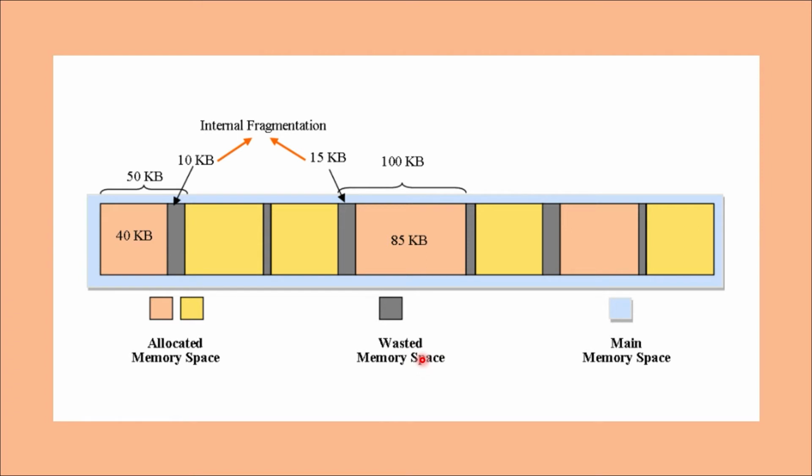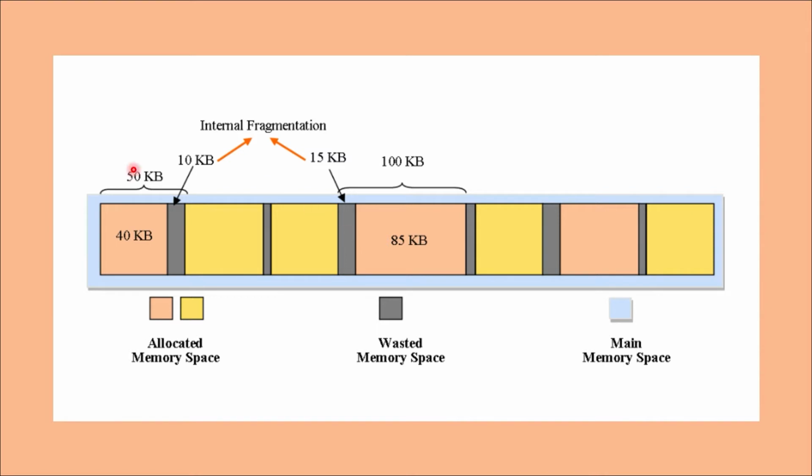Whenever you are allocating something into your memory space, it occupies some set of memory and sometimes some of it gets wasted. For example, here 50 KB is occupied, but in reality only 40 KB is used and 10 KB is wasted. In the same way, here 100 KB of memory is occupied, but in reality only 85 KB is used and 15 KB is wasted.